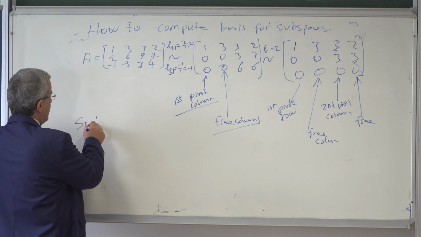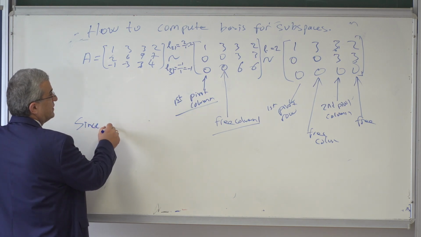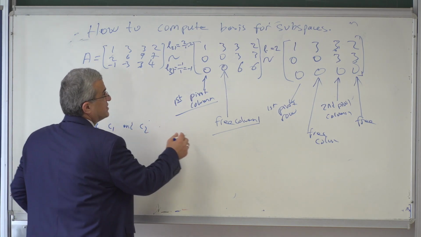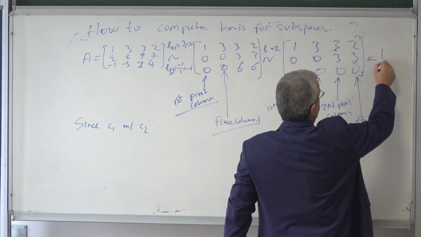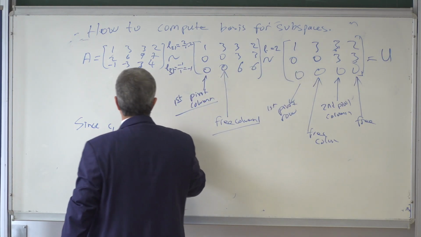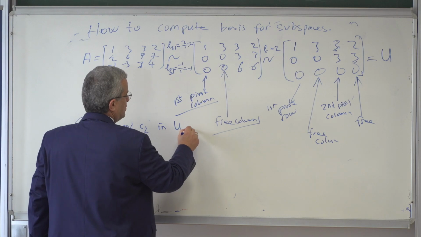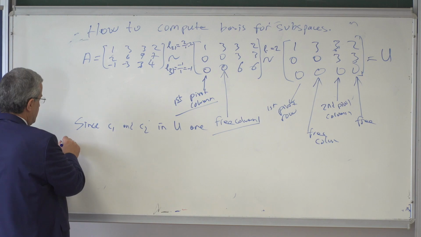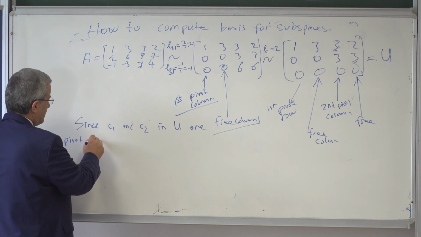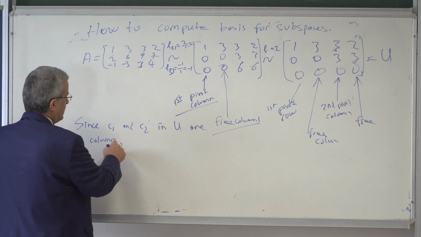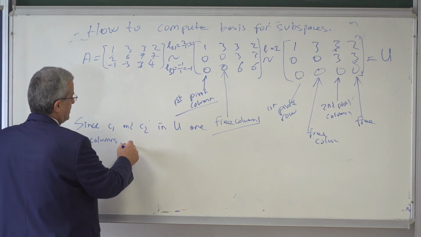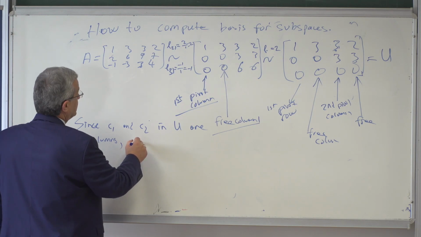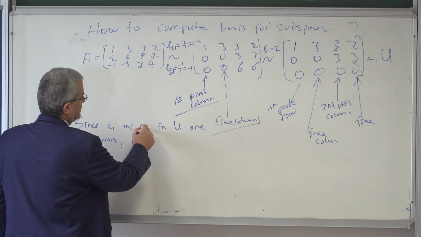So since C1 and C2, let's call this U, in U are pivot columns. First C1 and C3, right?